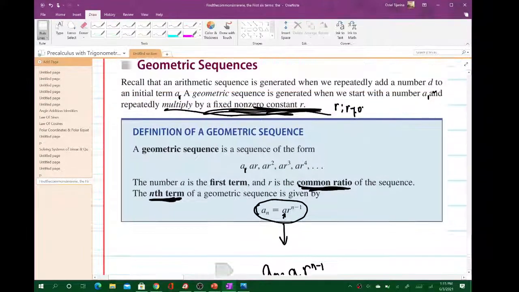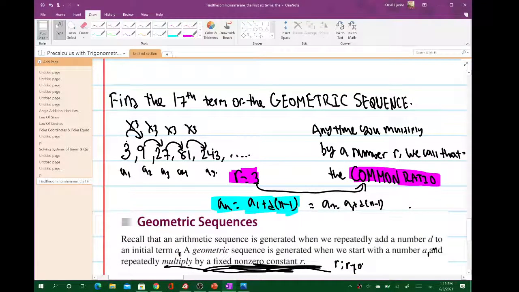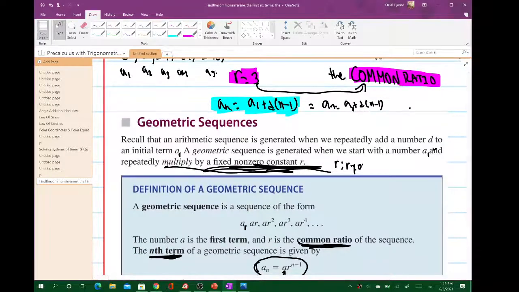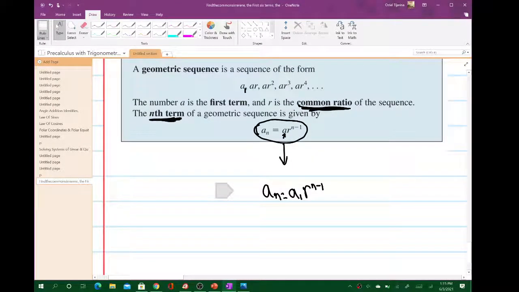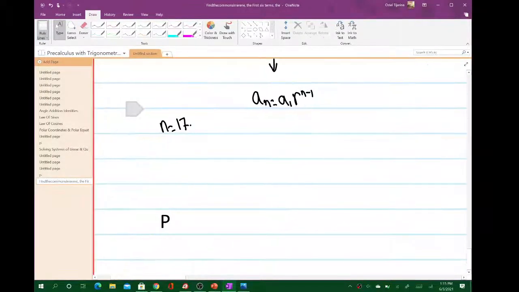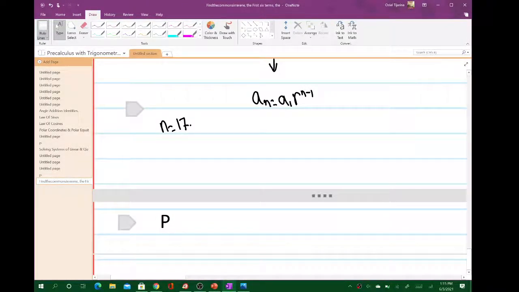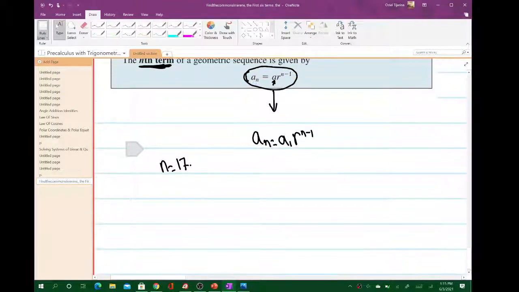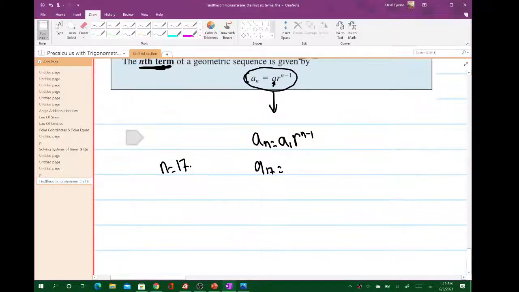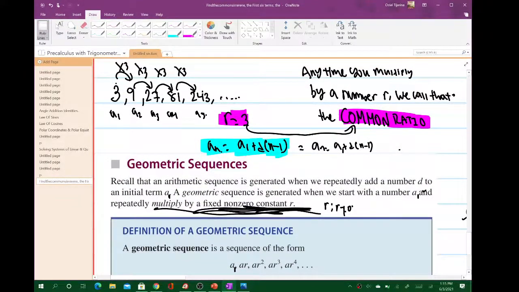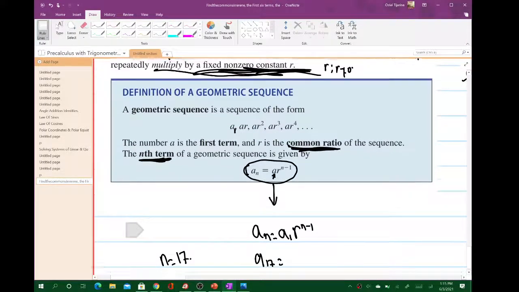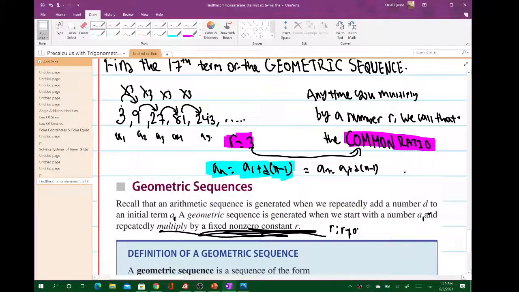Now, if we want to find the 17th term, we're going to say that n equals 17, because that is the nth term we're looking for. So a sub 17 is equal to whatever a sub 1 is. We know that a sub 1 is 3 because it's right here.